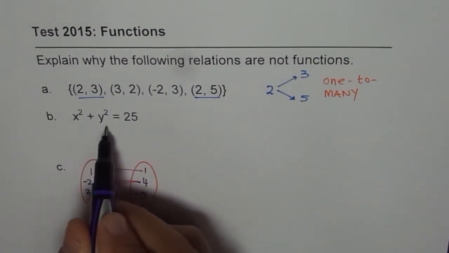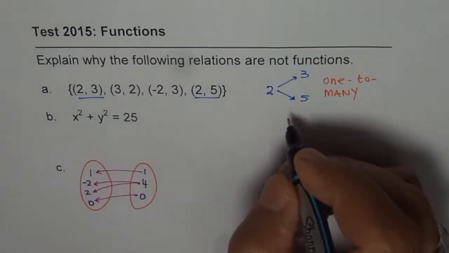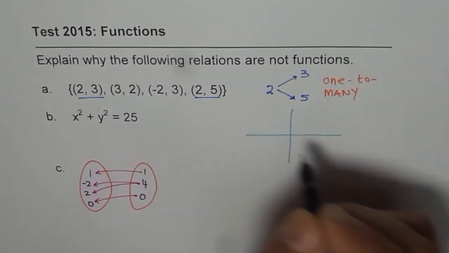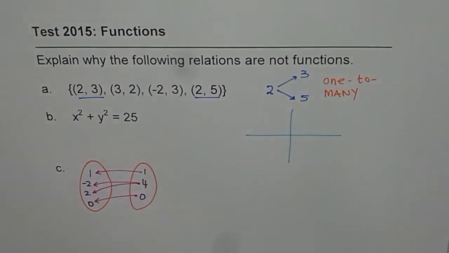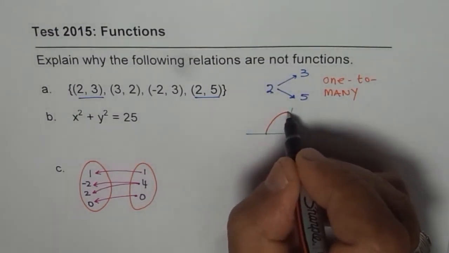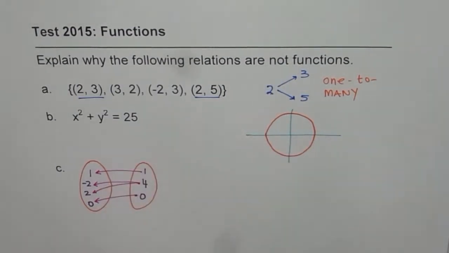We can sketch and explain. So there are two different ways for sure we can explain this, right? x squared plus y squared equals 25 is actually a graph which represents a circle. So it's a circle whose radius is 5, square root of 25.